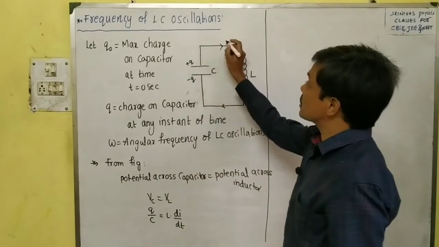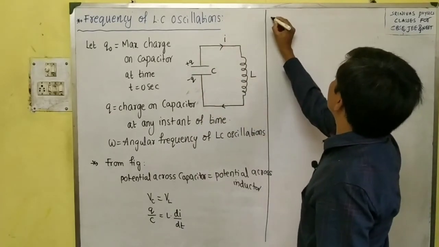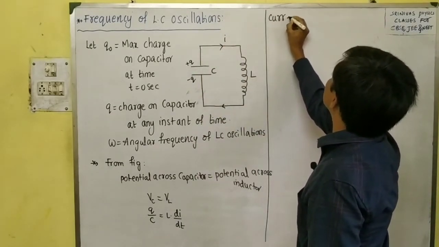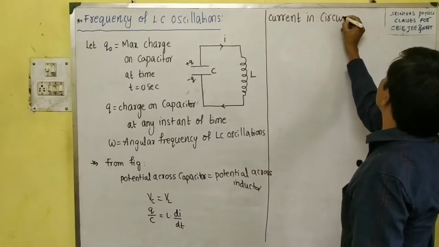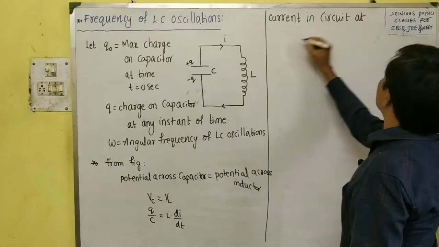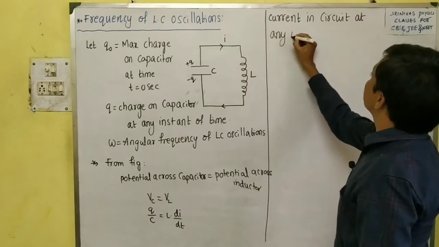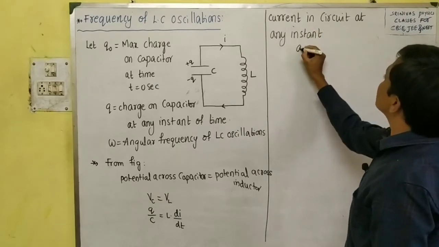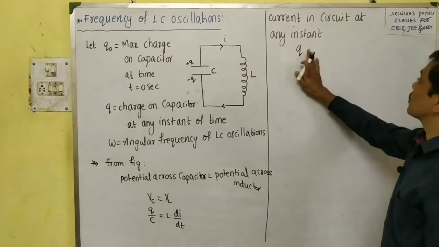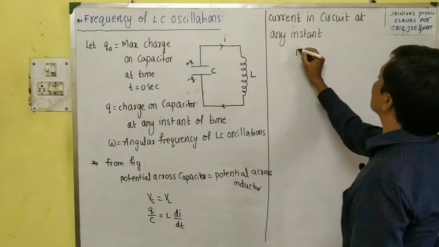What is the current in the circuit at any instant? Current is the rate of flow of charge.